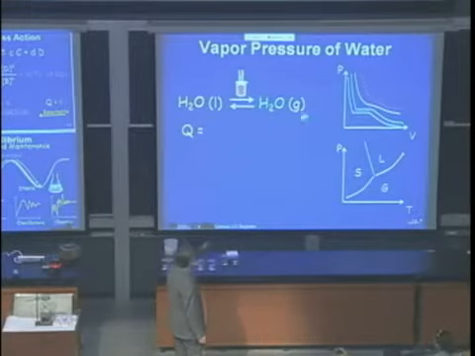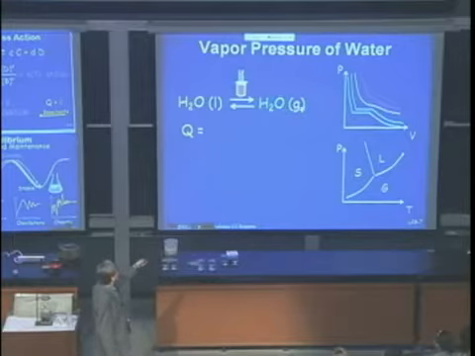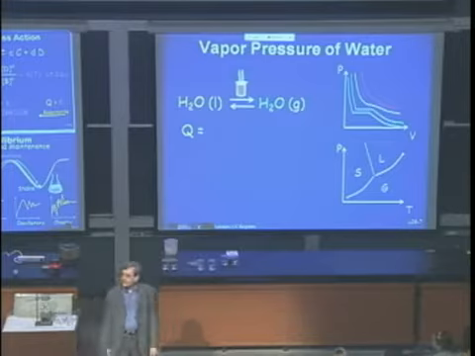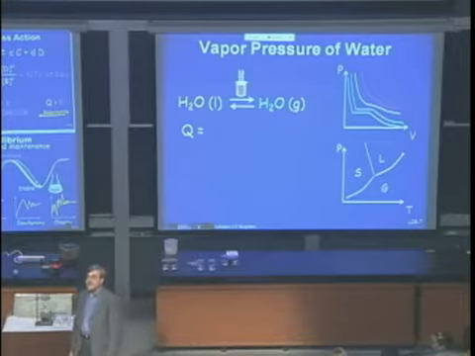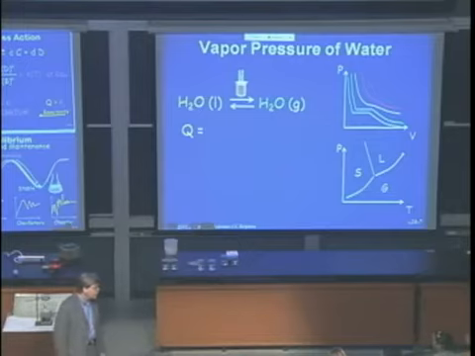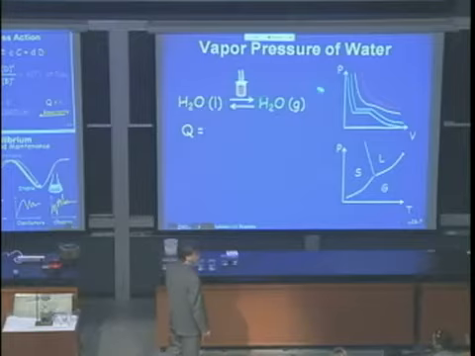We take that concentration. What would that be? It's a gas. What would we have to put in there? What would be the concentration of a gas? That would be some pressure, wouldn't it? Yeah, it would be the partial pressure of water above the solution.